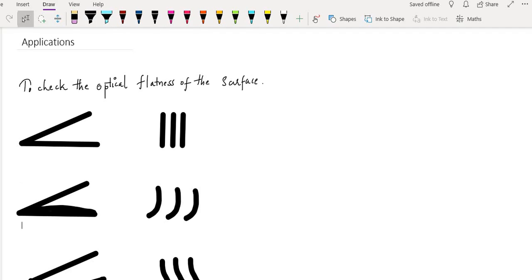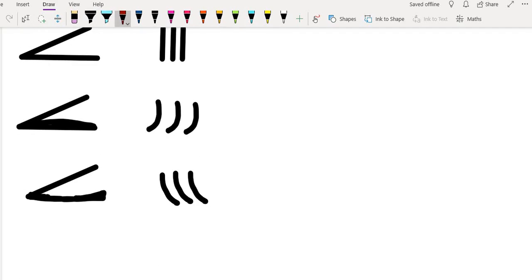And if we have a concave surface, the band will be shifted slightly towards the right side. Only for the optically plane surface will we get a pattern of uniformly arranged alternate dark and bright bands of constant bandwidth. This experiment is used to check the optical flatness of a surface.